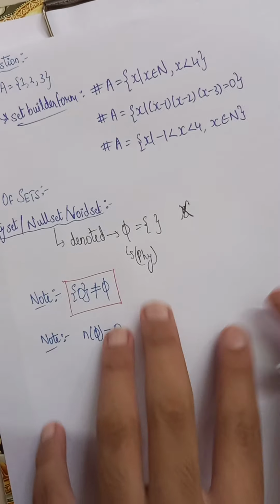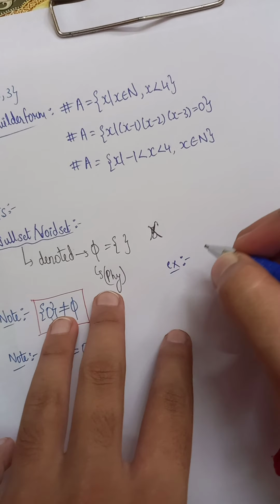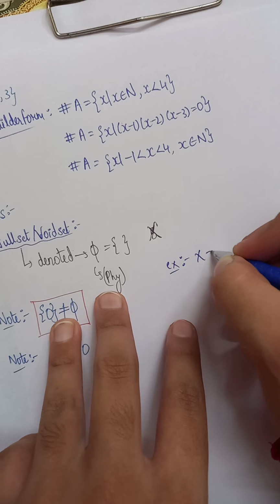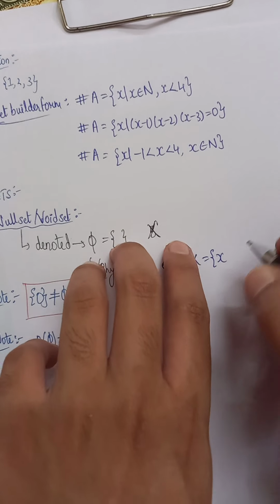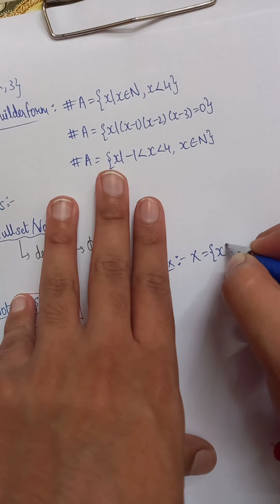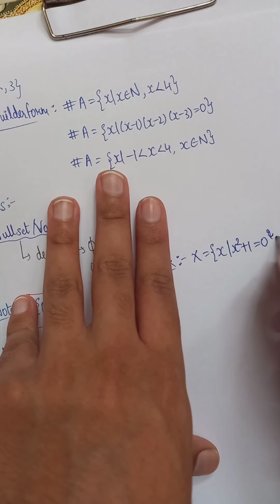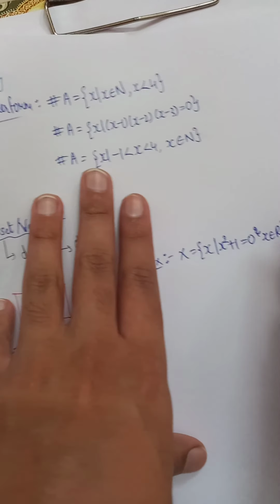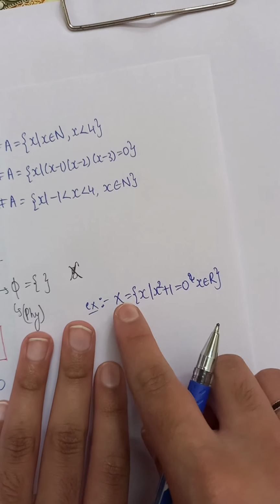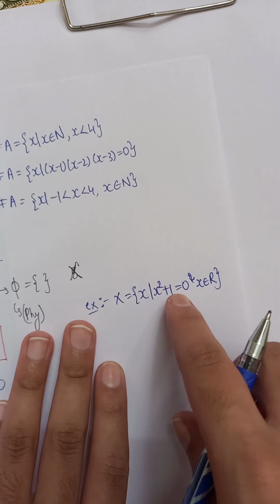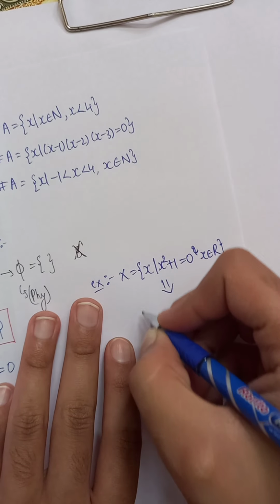An example under this point: capital X is equal to the set of x such that x square plus 1 is equal to 0 and x belongs to R. You can't get any answer.